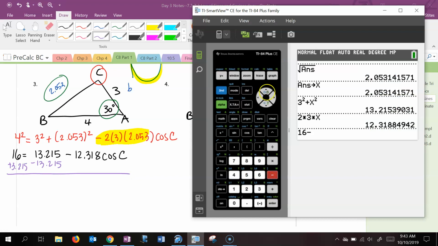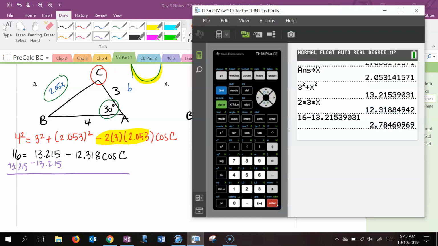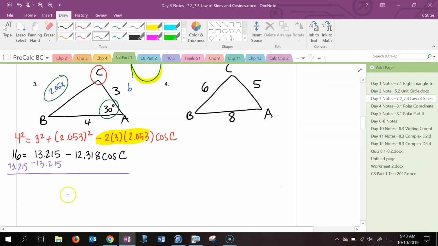16 minus this guy, 2.785. And now we're dividing by this.